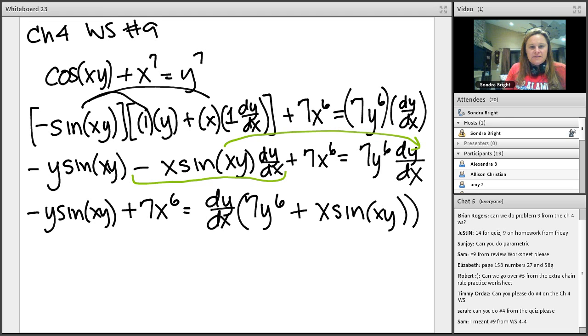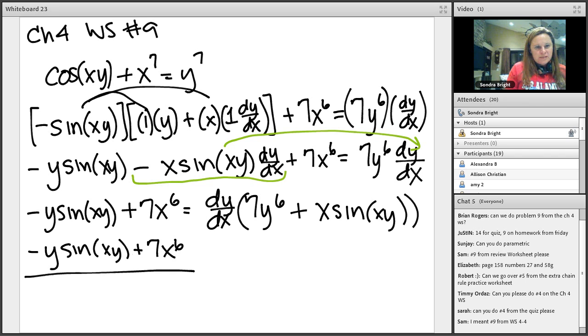And then dividing both sides by that guy. All right, so they wrote it with the 7x to the 6th in front, but it's a negative y sine of xy plus 7x to the 6th over, so dividing both sides, 7y to the 6th plus x sine of xy equals the dy dx.